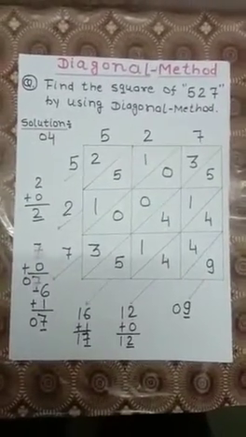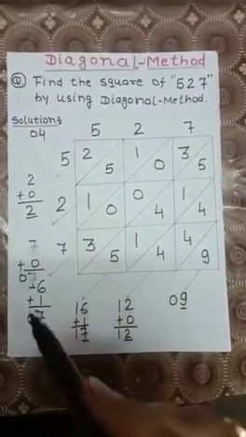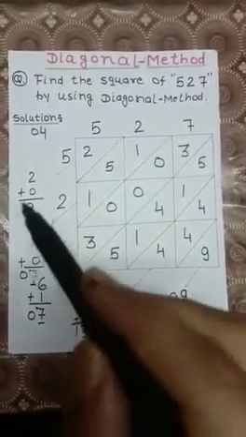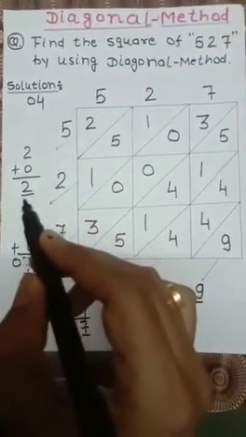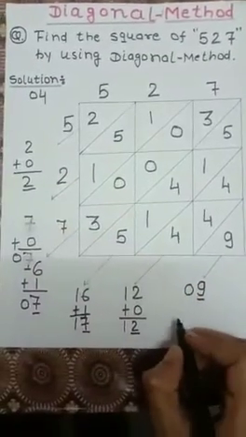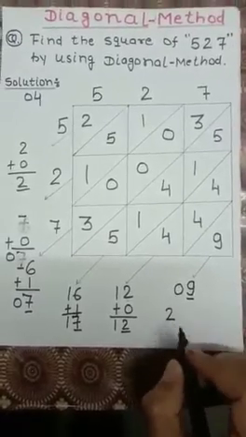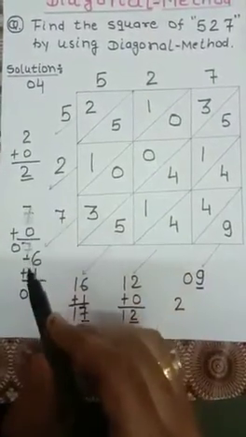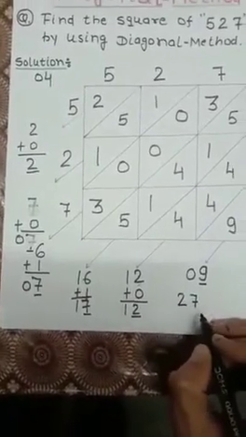Now what we have to do, we have to write only the underlined numbers from top to bottom. First of all we have to write 2 starting from the top. What is the underlined number? 2. So we have to write 2. Now the second underlined number is 7.